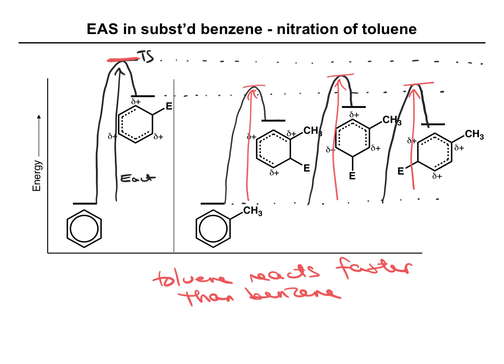Another thing to consider, on the previous slide, we looked at how the ortho intermediate and the para intermediate are especially stabilized because there is the electron releasing group directly connected to a carbon that bears partial positive charge.